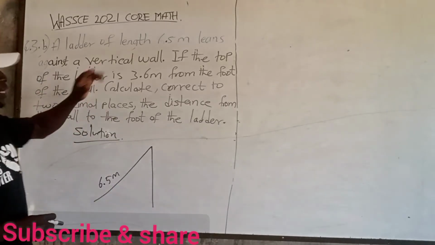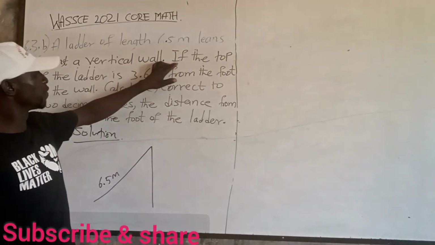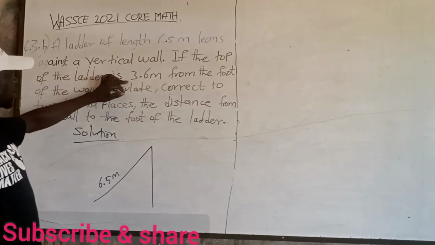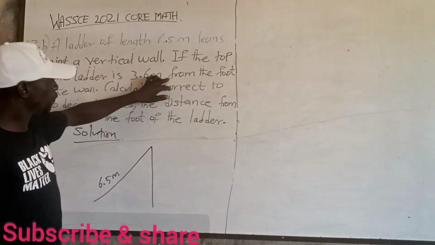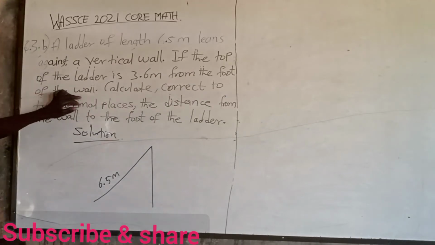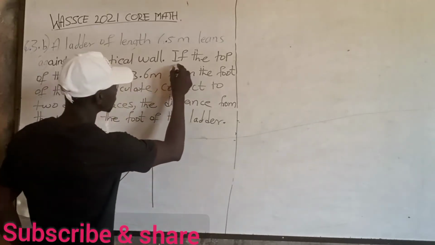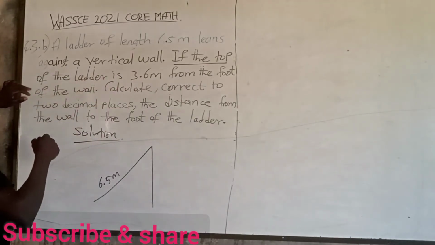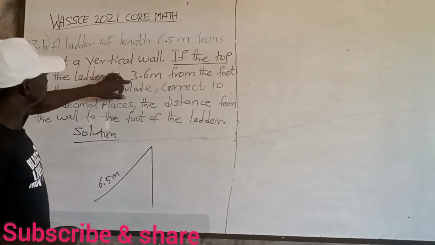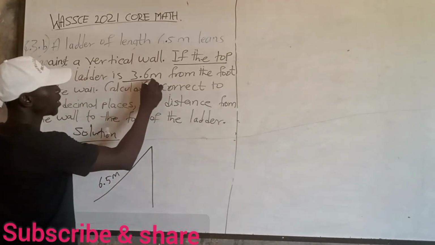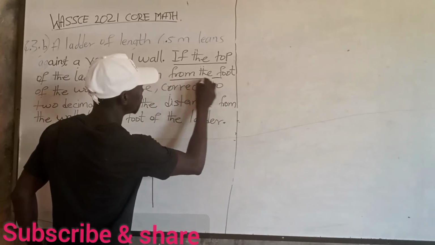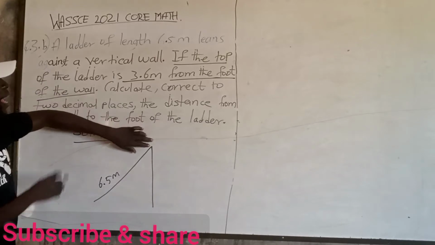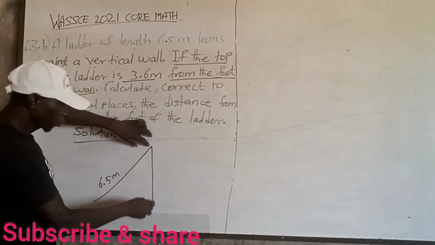meters, and further on it says if the top of the ladder is 3.6 meters from the foot of the wall, it means that this is the top of the ladder and it is 3.6 from the foot of the wall.